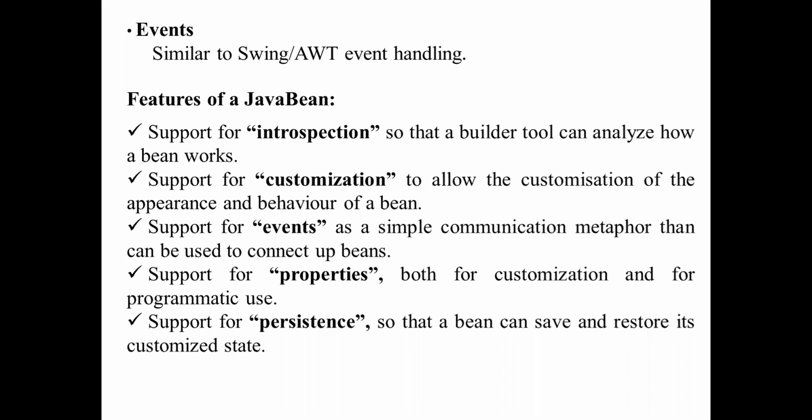Events allow the bean to communicate. Properties support both customization and introspection, so that the programmer can use a particular object's property. And the last one is persistency: we can save and restore the customized state. So these are the features of Java Bean.